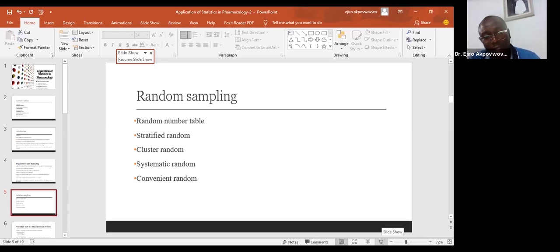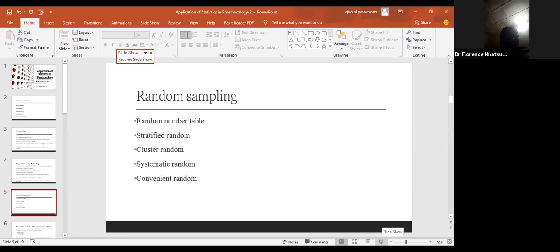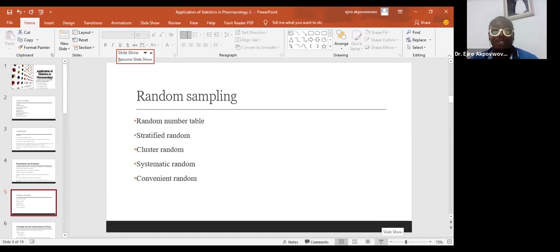You could also have the systematic random sampling technique. It's usually based on registers. We could say we want to take a look at the diabetic patients attending clinic in the DELSUTH.